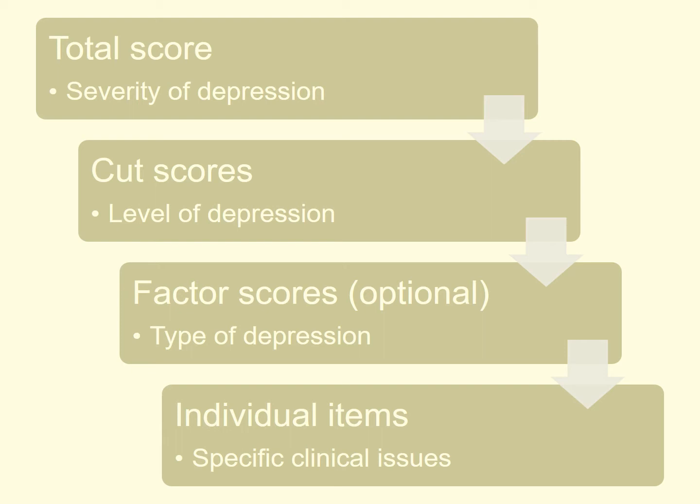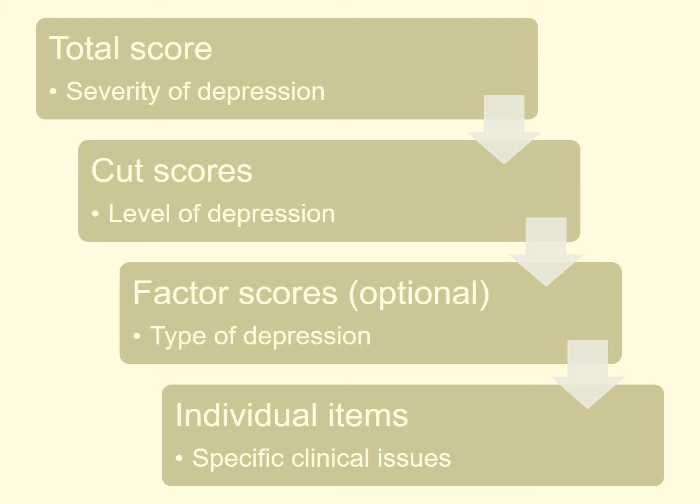That is, if we subdivide the items into groups based on factor solutions from factor analytic research, can we extract scores to reflect different features or qualities of this one person's depression? And then if we want to go even more fine-grained, we might look at individual items and ask specific questions or make specific assessment inferences about individual items.